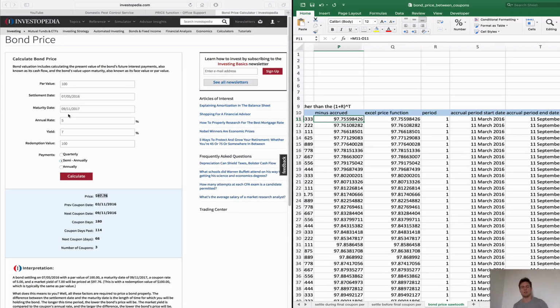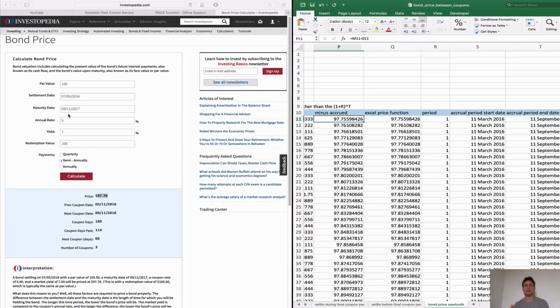And if there's one message that I really want to take away from this video, it is that the process of the seller of the bond being compensated for the accrued interest that they've accrued between the last coupon date and the settlement date, that compensation is something that's implicit in the dirty price, right?